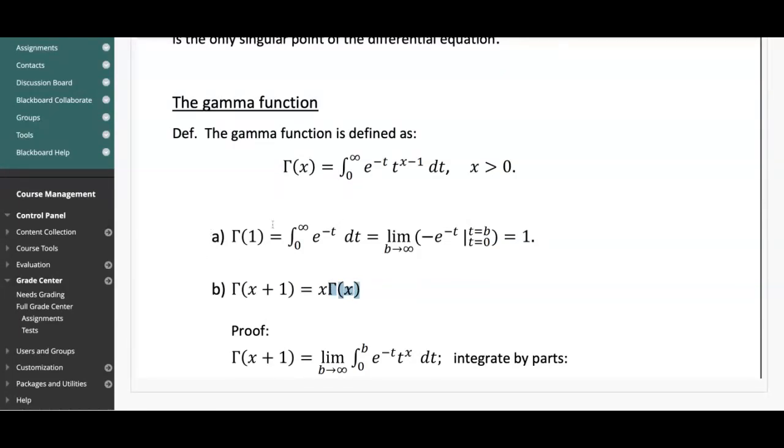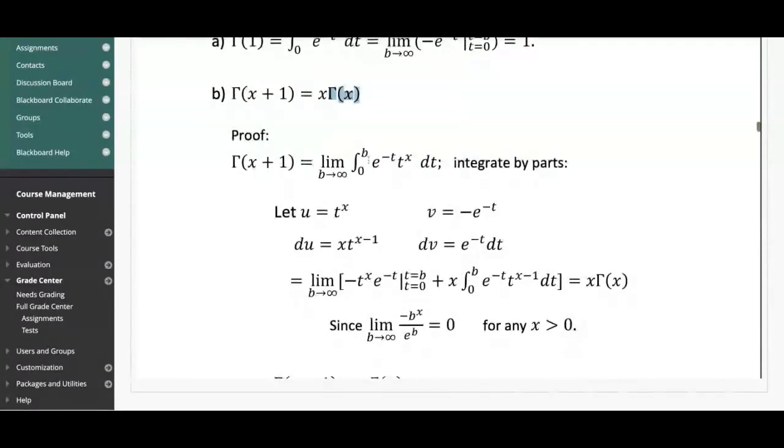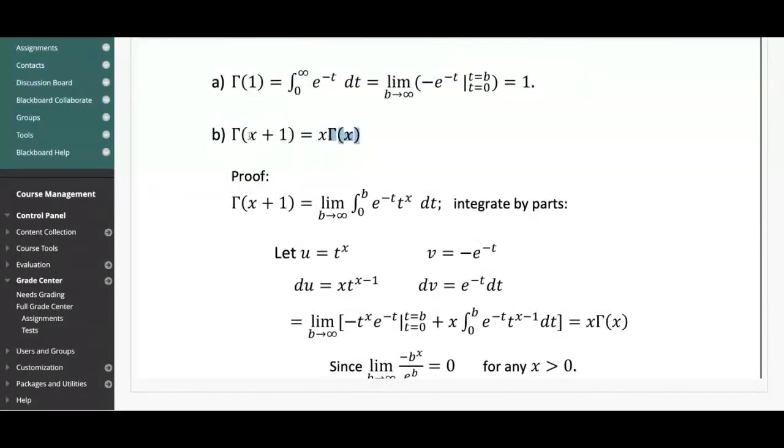And using these two properties, A and B, we can show gamma 5 is 4 factorial, gamma 6 is 5 factorial. So if x is a positive integer, not a fraction, gamma of x plus 1 is x factorial.